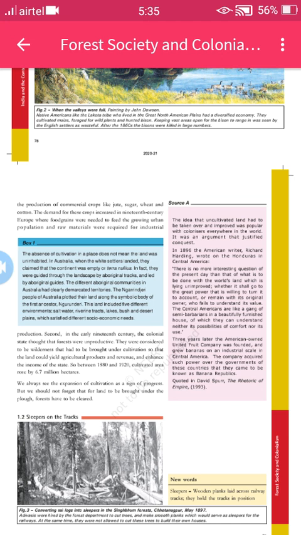So the railway tracks spread throughout India, and a larger number of trees were felled.